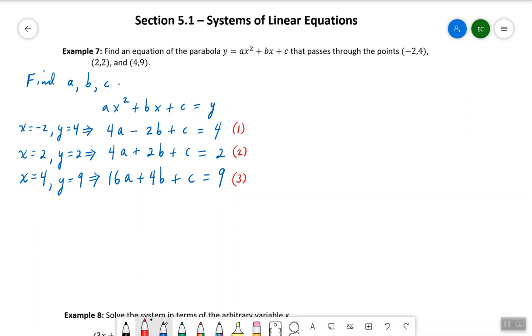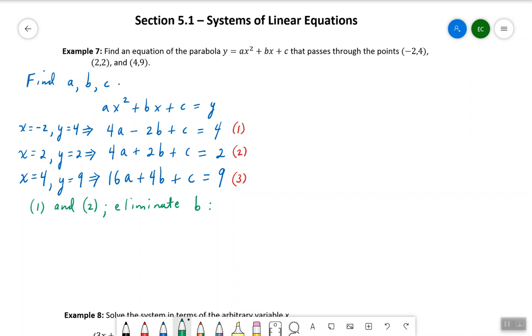Okay, so what we need to do to solve the system is we need to pick a pair of equations and eliminate one of the variables. Maybe the easiest way would be to choose equation 1 and 2 and eliminate b. So let's try that. So 1 and 2, and eliminate b.